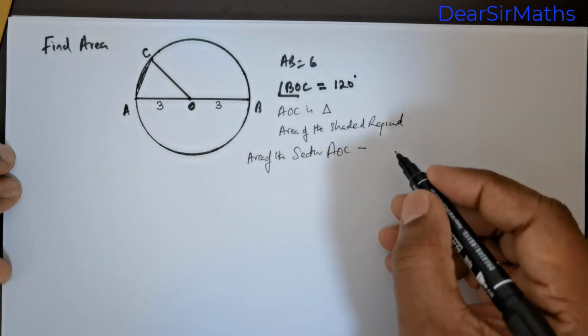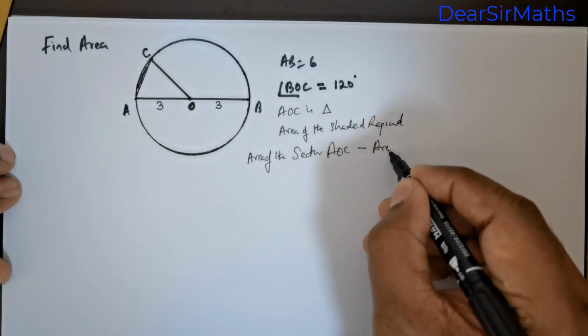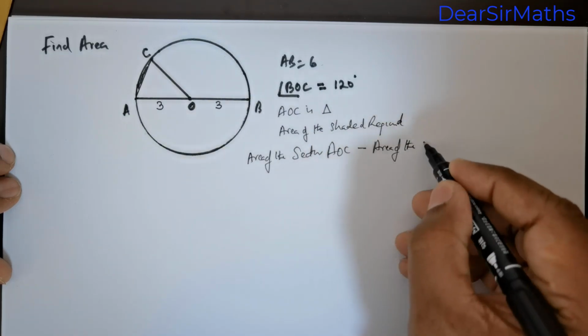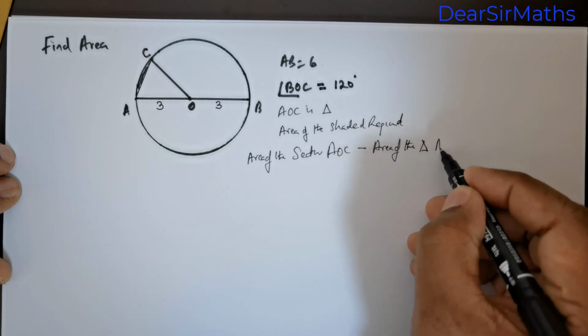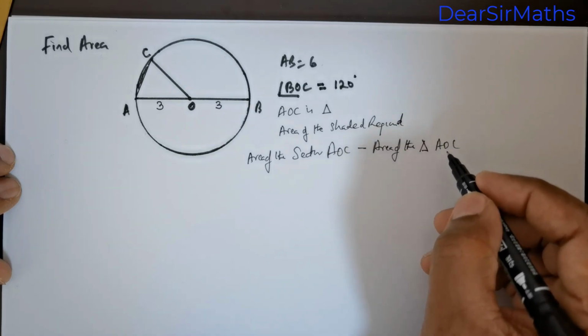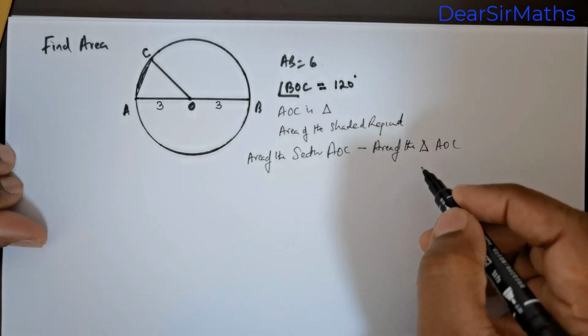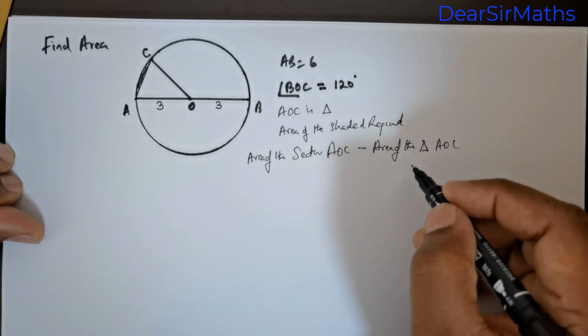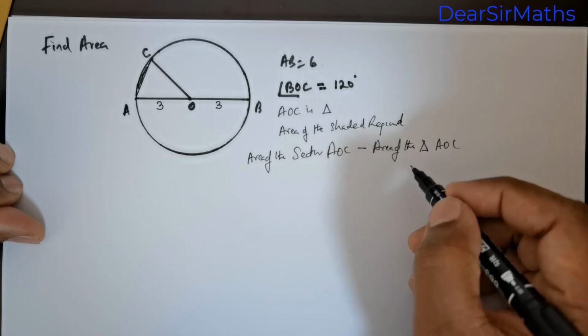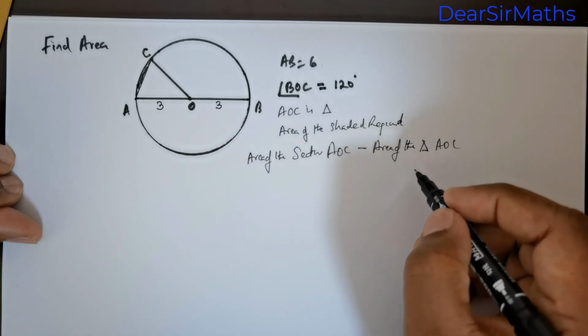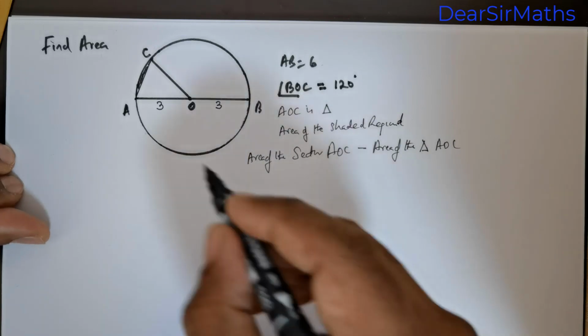From the area of the sector AOC, we have to subtract the area of the triangle AOC. Now we will have to get the area of the sector and the area of the triangle.